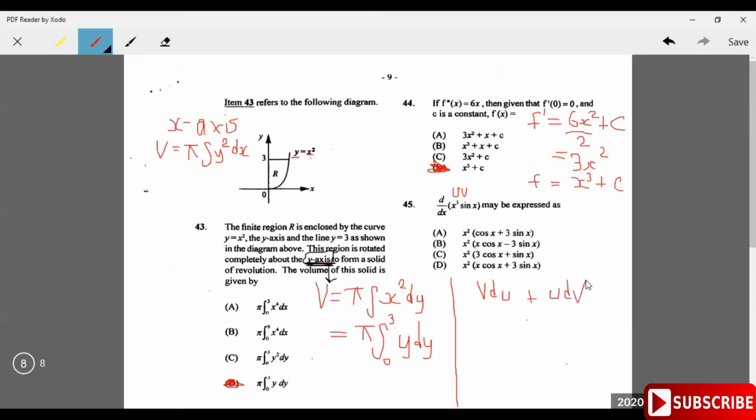So v du plus u dv is going to be equal to v, which is sine x times du. du is 3x squared times v, 3x squared sine x, plus u is x cubed dv. And dv is, differentiate sine x, we get cosine x.